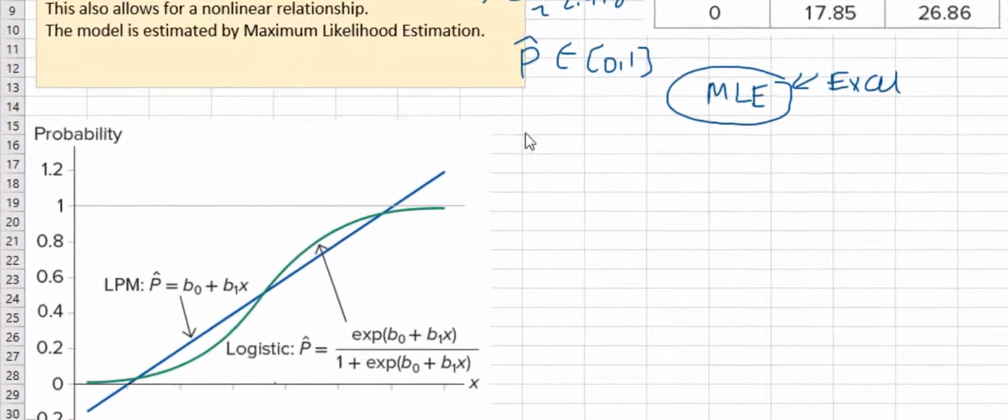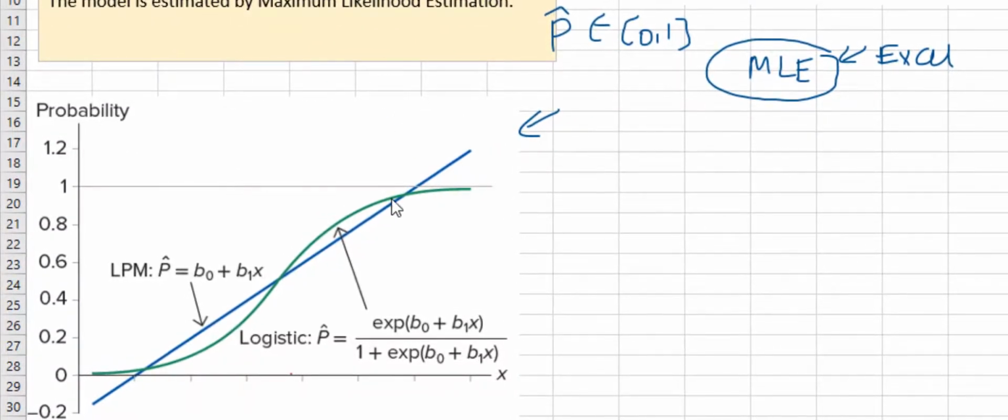Now check this figure here. The linear line represents linear probability model and the green line shows logistic regression. Linear probability model predicts probabilities on a linear line, and logistic regression predicts probabilities on a nonlinear line, looks like letter S. For linear probability model, for large values of x, the model can predict probabilities greater than 1.